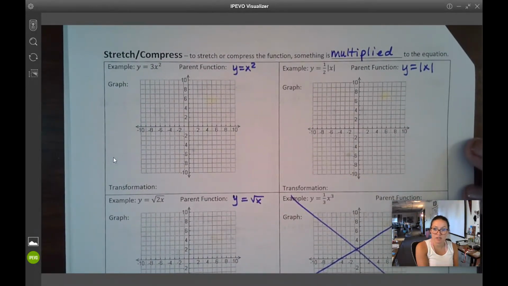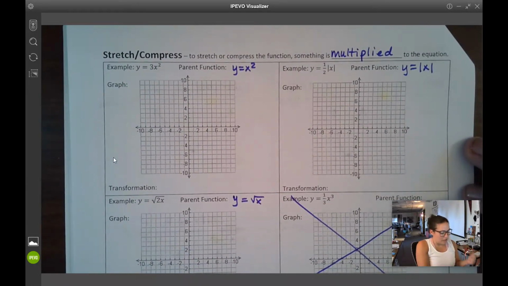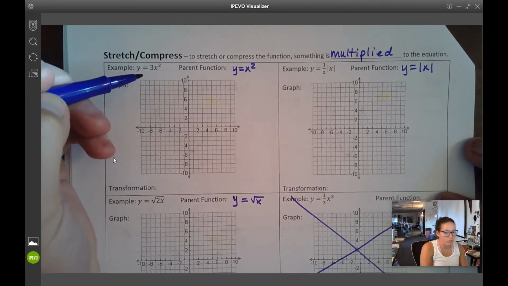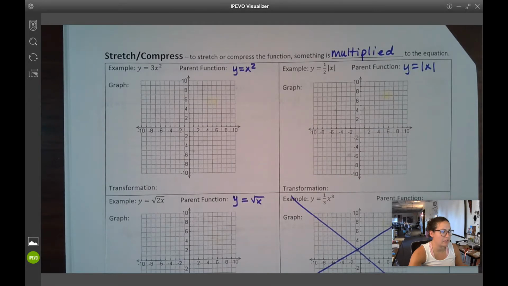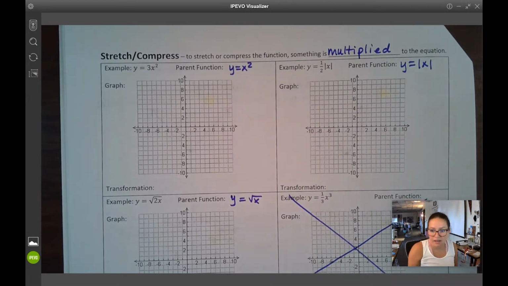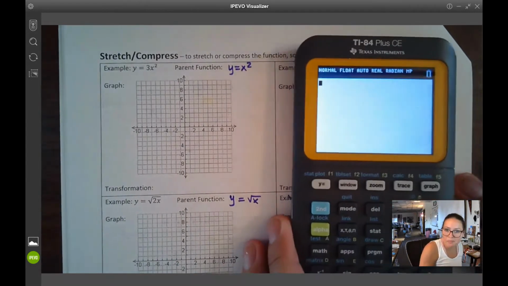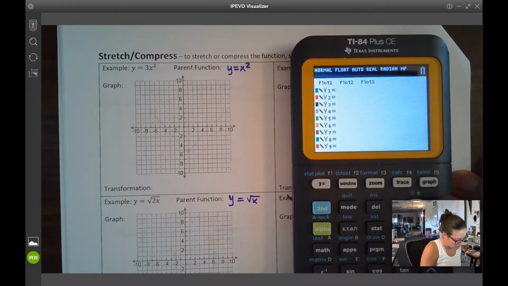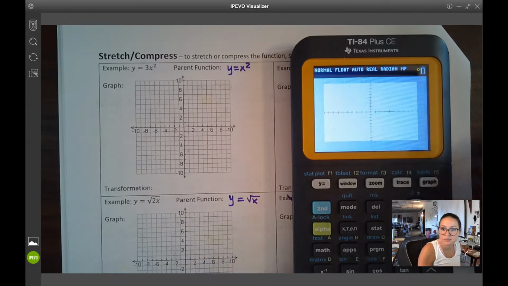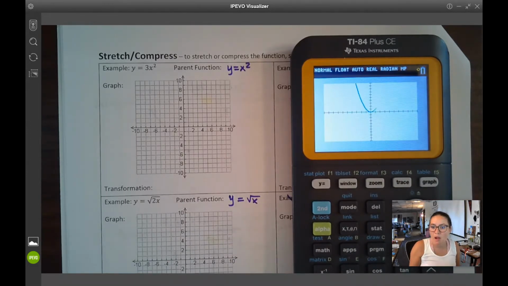Okay, so if we graph the regular parent function, the most basic parent function, I'm going to grab my calculator here. So here's x squared, right? That's our parent function.